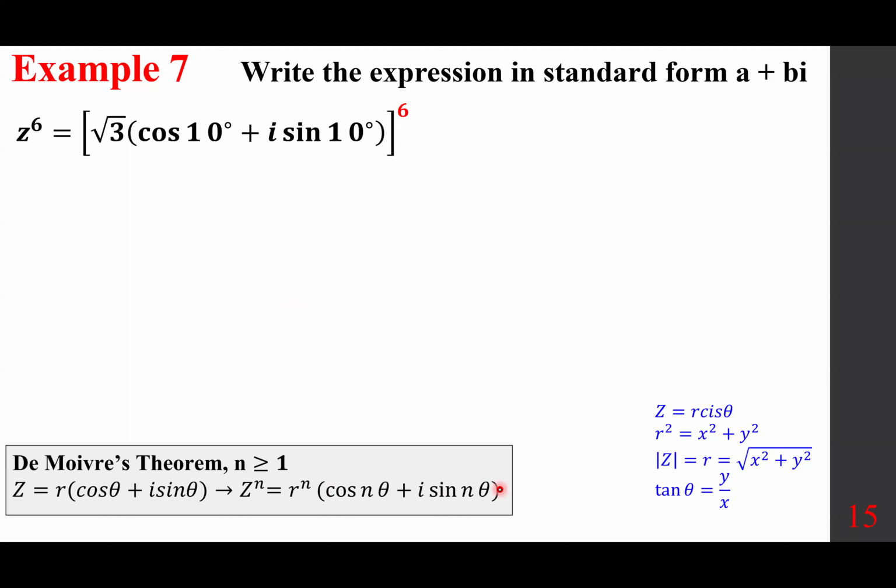So r to the power of 6, that means square root of 3 to the power of 6. Cosine of n theta, that means cosine of 6 times theta, which is 10 degrees. So let's just write it as r to the power of 6, cosine of 6 theta plus i sine of 6 theta.